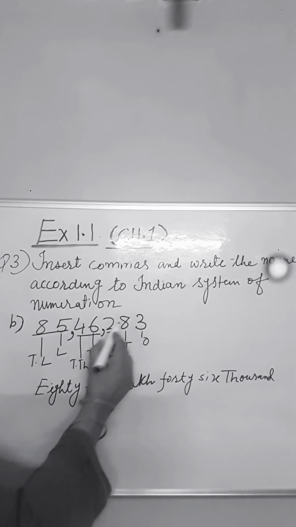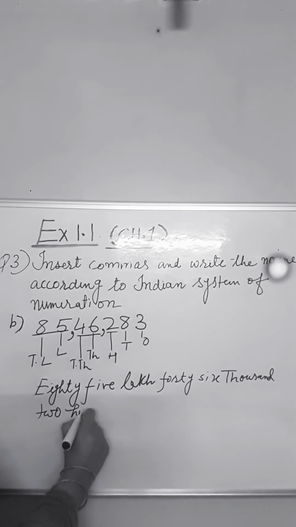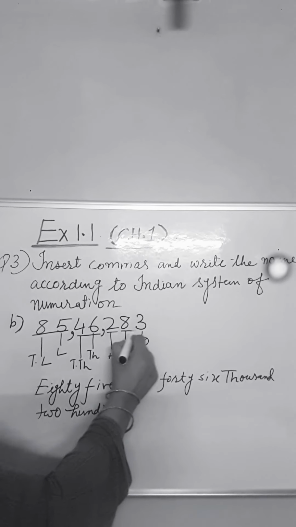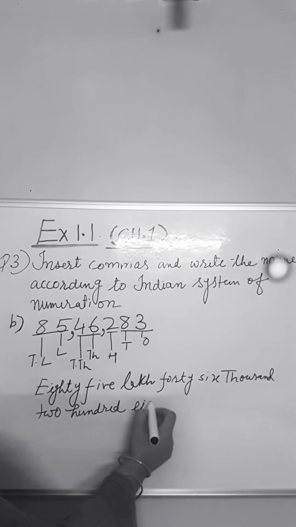Then the number at 100 place is 2, so 200. Then the number formed by the last 2 digits is 83, so in the last 83.